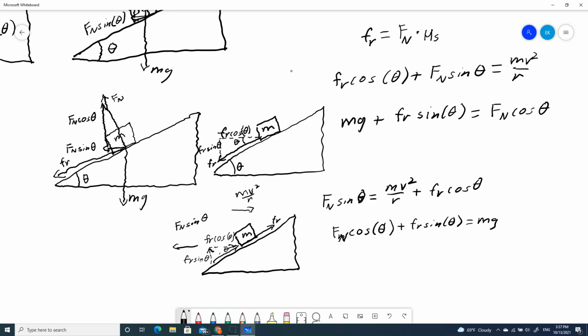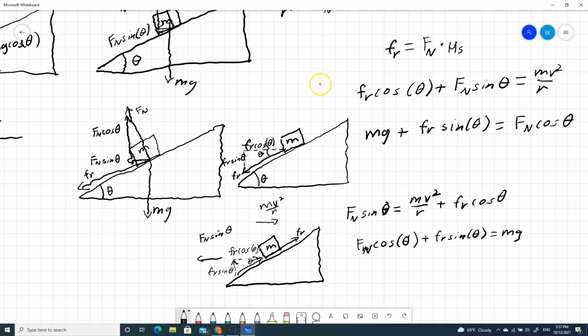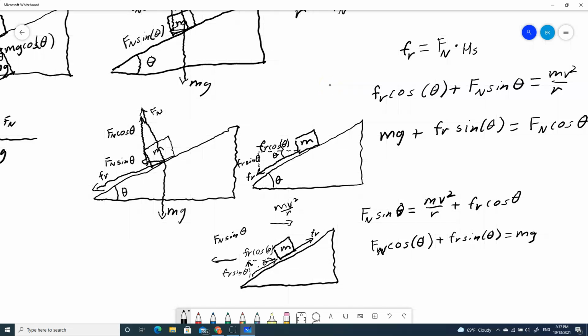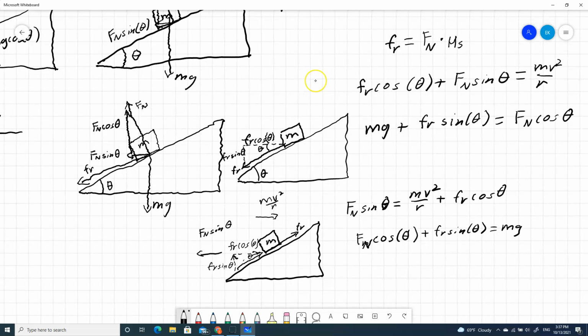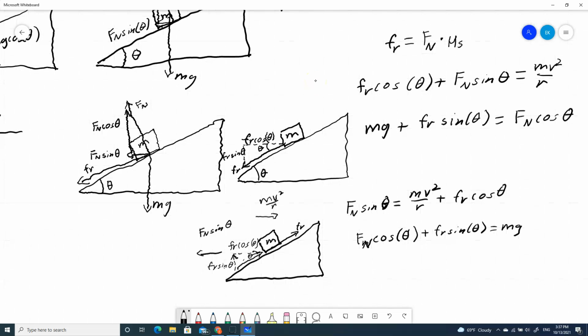And that is how you solve these friction problems, and that's how you understand banked curves. These equations can get a little complicated. Try not to get confused. All the angles you'll probably be dealing with are angle theta. Keep in mind that force of friction has two components, F_r cos θ and F_r sin θ. Force of normal has two components, F_N cos θ and F_N sin θ.